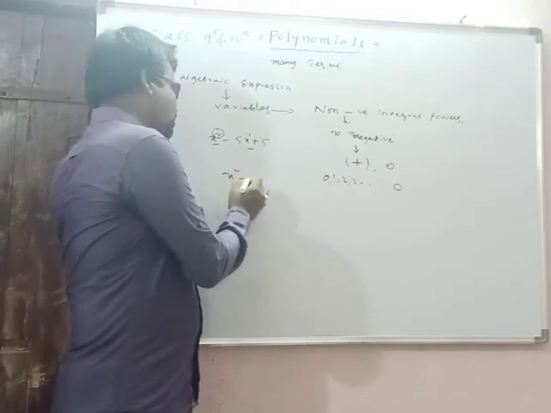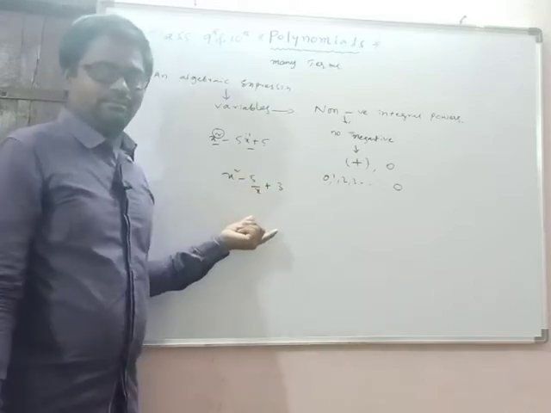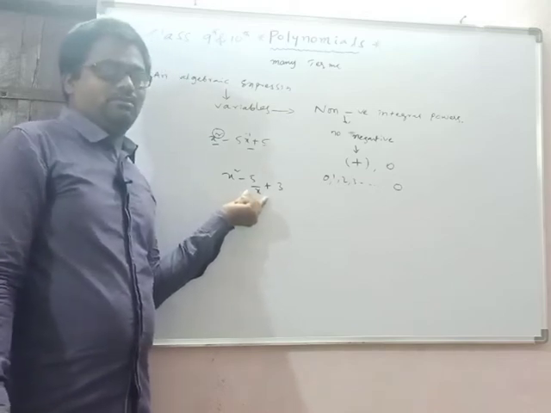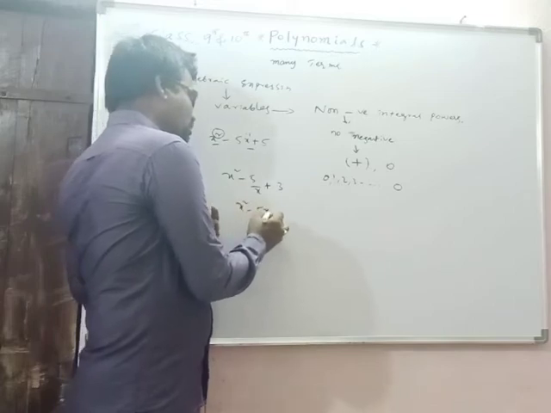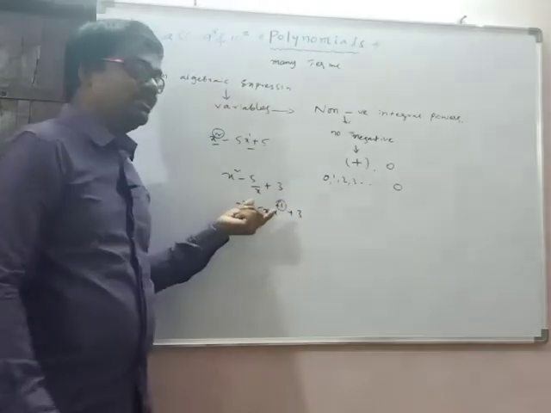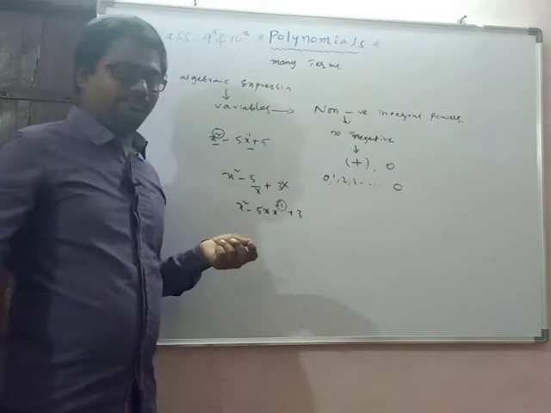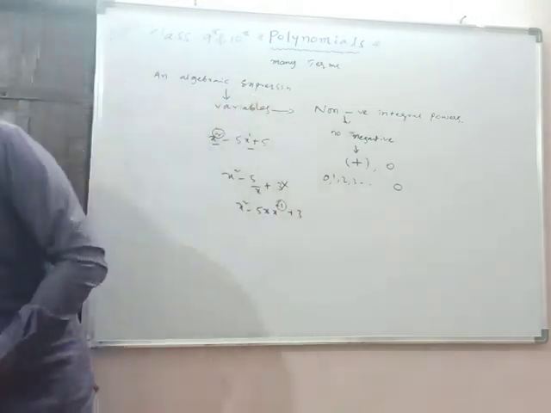Suppose x square minus 5 by x plus 3. Here the denominator is a variable, so we can write x square minus 5 into x power minus 1. Then x has a negative power, so it is not a polynomial. First of all, you should know about polynomials clearly.